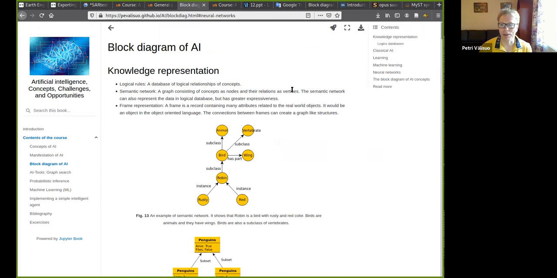I'm not certain if I completely succeed at this, but at least we discuss many methods, and what is very important in all of these methods is how the knowledge is encoded in a form that computers can understand. All this knowledge representation starts already from Aristotle's syllogisms, these logical rules that you know from previous courses, I suppose.